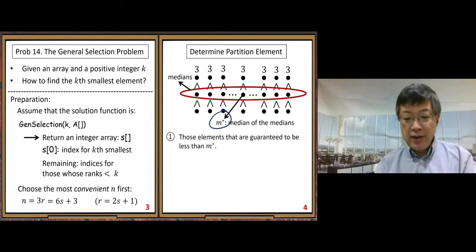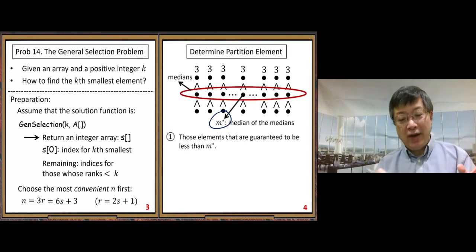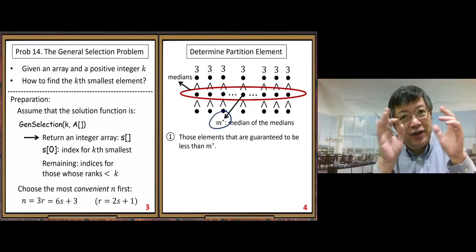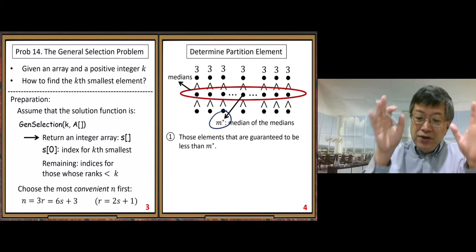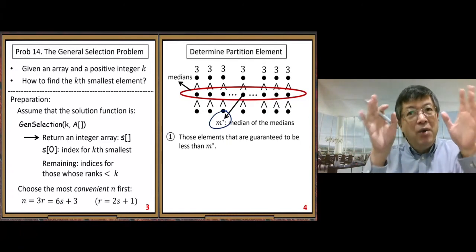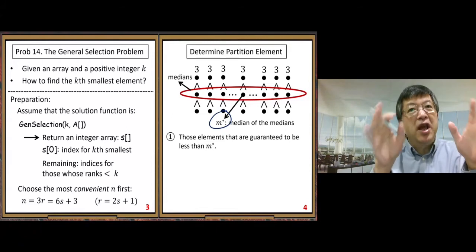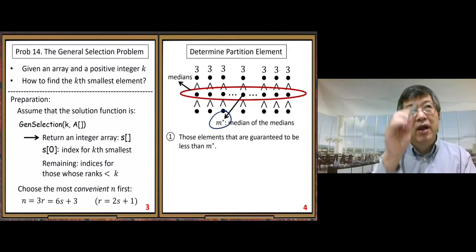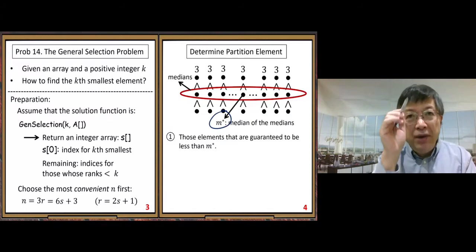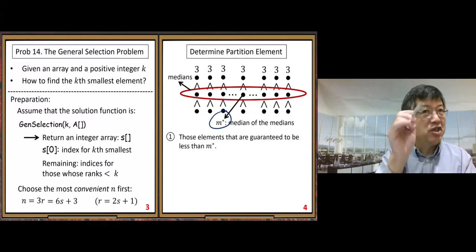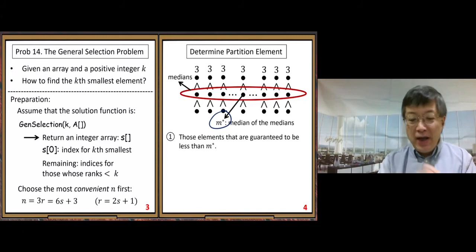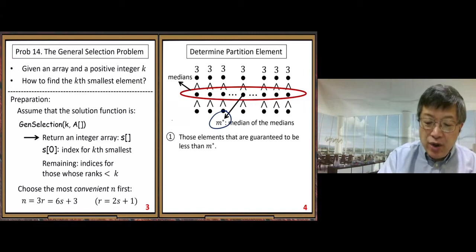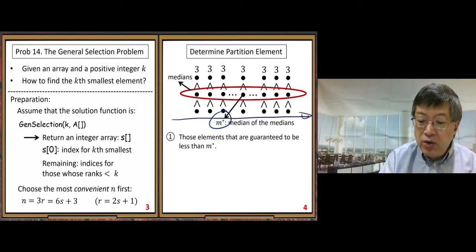First, look at this step. Those elements that are guaranteed to be less than M star. Can you draw in the diagram which elements are guaranteed to be less than M star? Here, these group medians, I just imagine we arrange in increasing order.